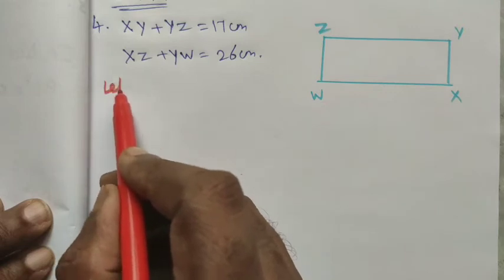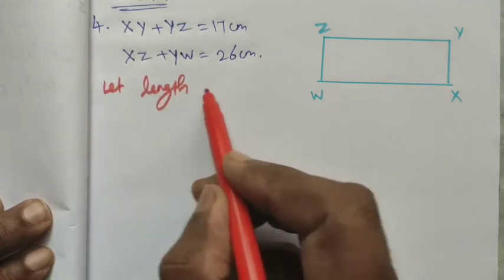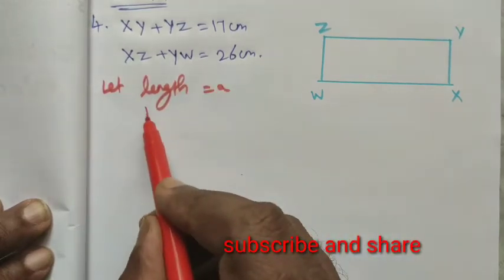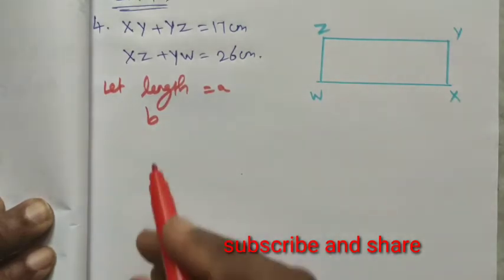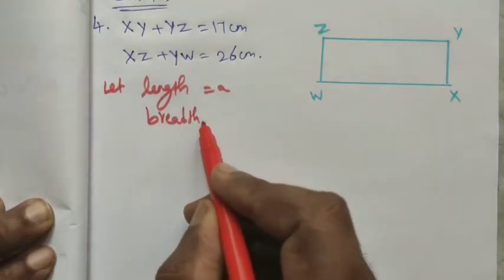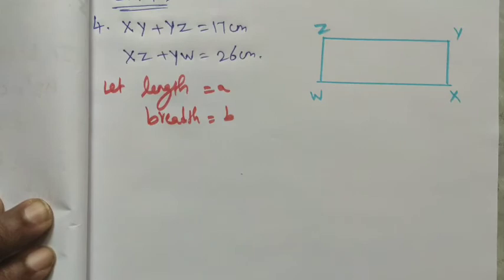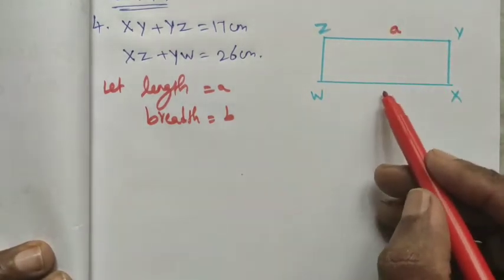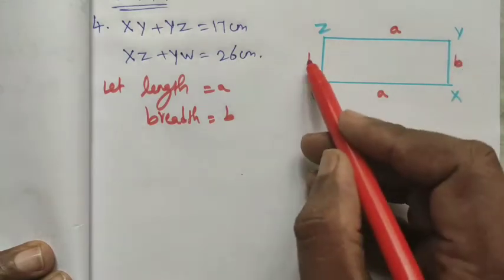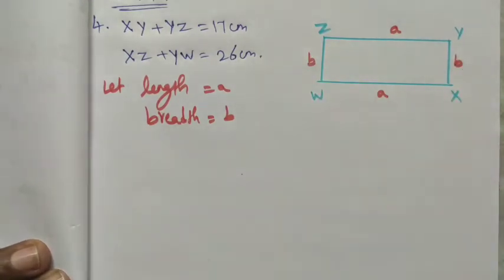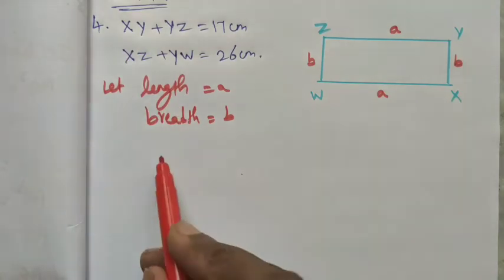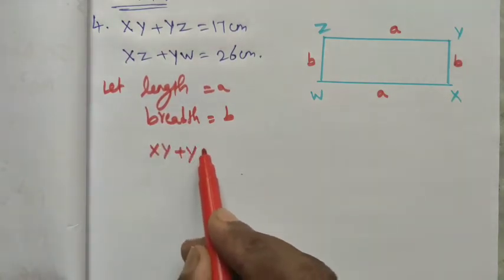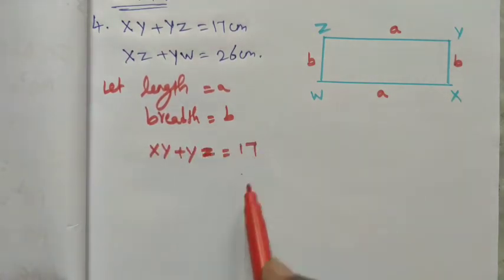Let me take the length as A and breadth as B, right? So this is A, since in a rectangle opposite sides are equal, this is also B. The first condition is given, XY plus YZ is equal to 17.